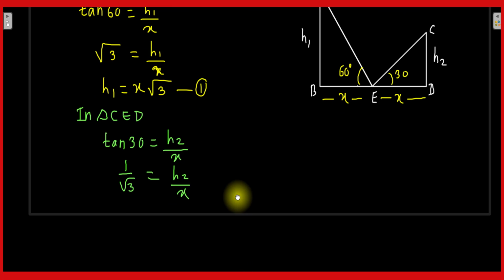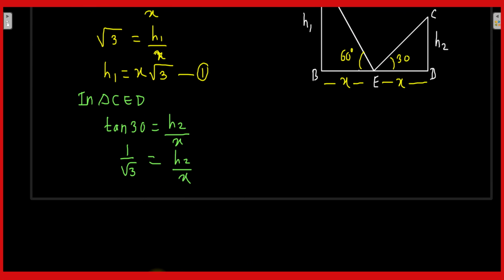Now solve this further. So here you will get h2 is equal to, taking x to this side, x upon root 3. Let this be equation number 2. Here you have got h1 is equal to x root 3 and h2 is equal to x upon root 3.